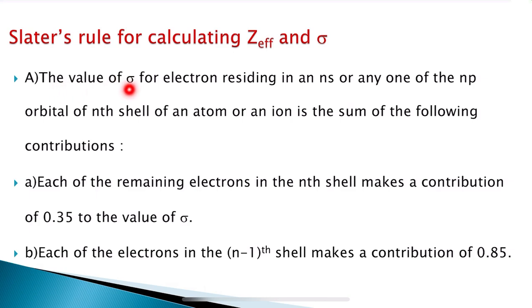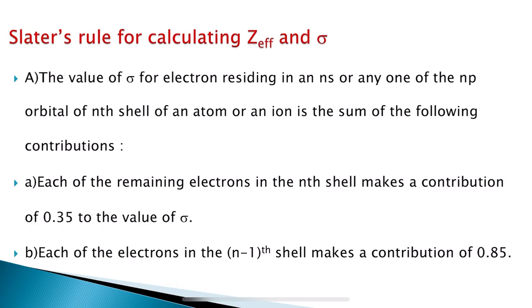The value of sigma for an electron residing in an ns or any one of the np orbitals of the nth shell of an atom or an ion is the sum of the following contributions. Each of the remaining electrons in the nth shell makes a contribution of 0.35 to the value of sigma. Okay, so you should keep it in your mind.